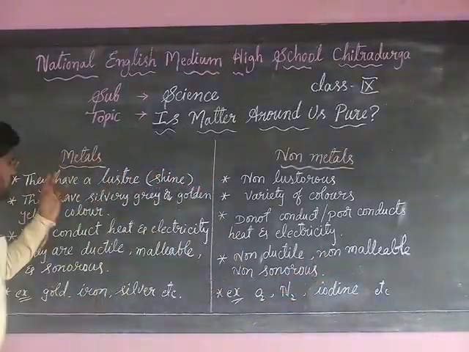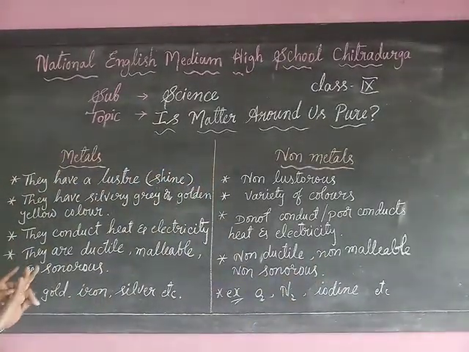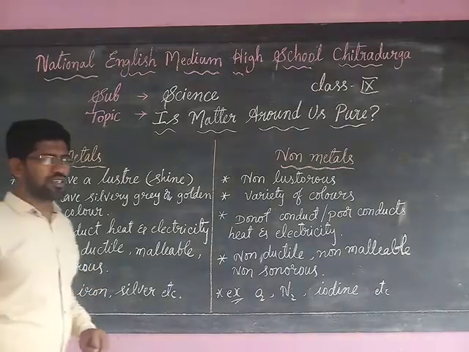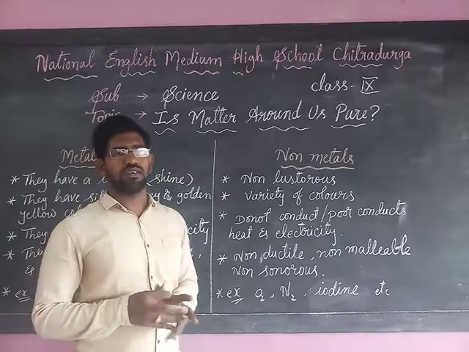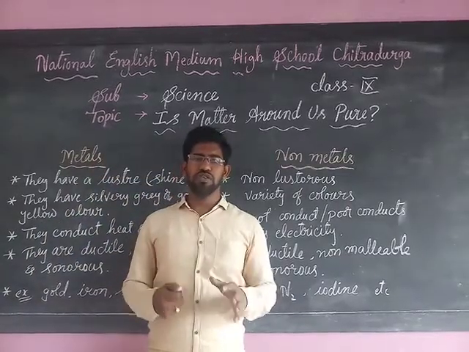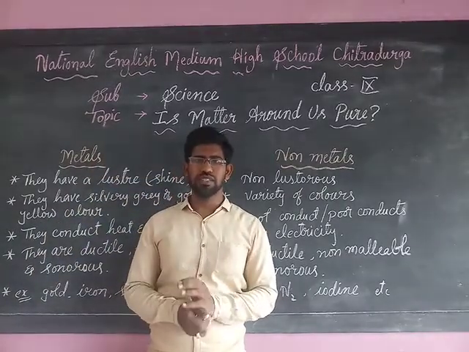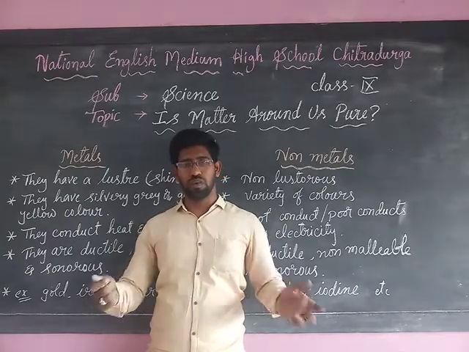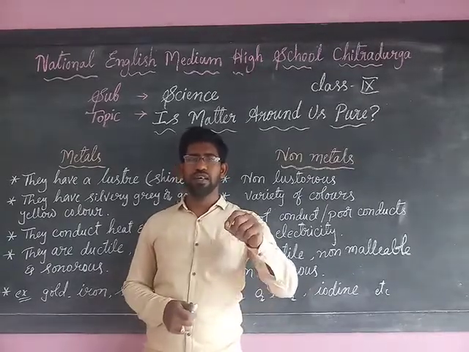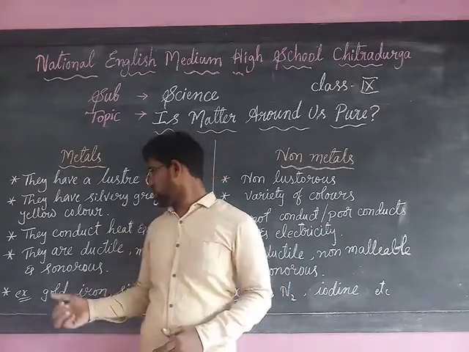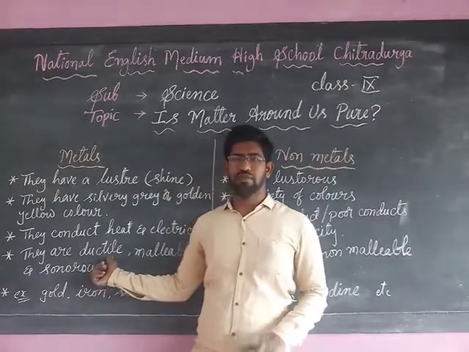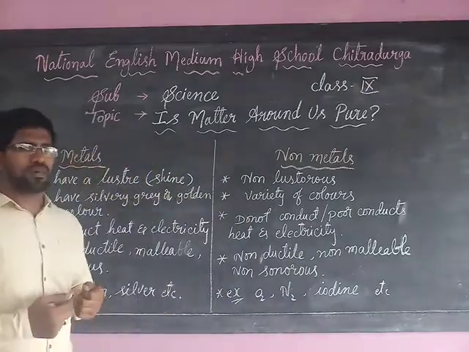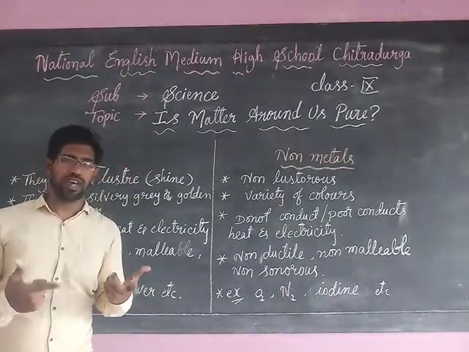Okay. Then next, the metals are ductile. Ductile means they can be stretched into thin wires. It means the metals can be drawn into thin and long wires. That property of changing into thin wires is called ductility. Remember, the property is called ductility.